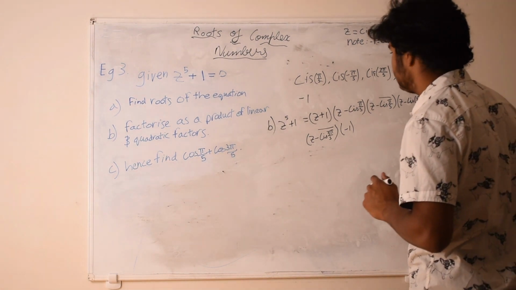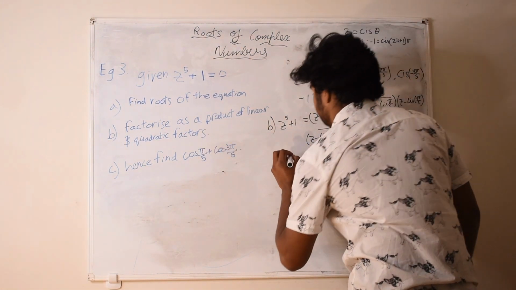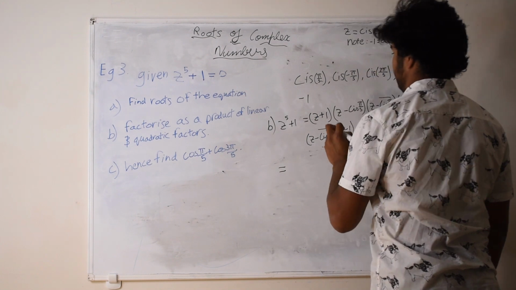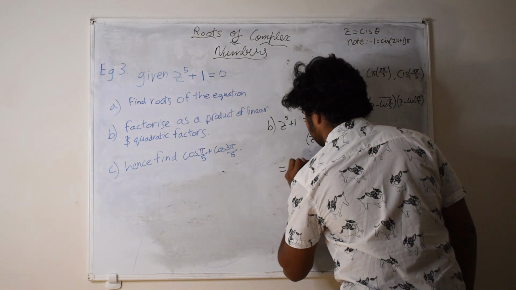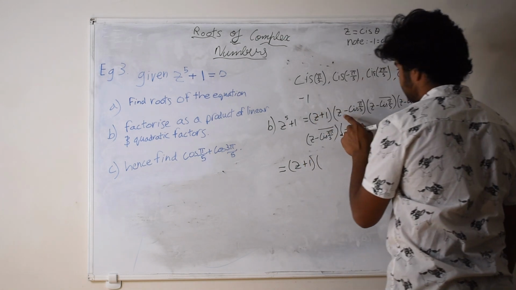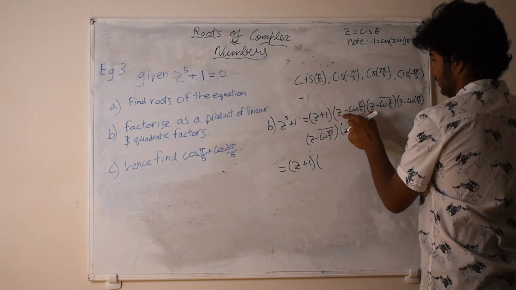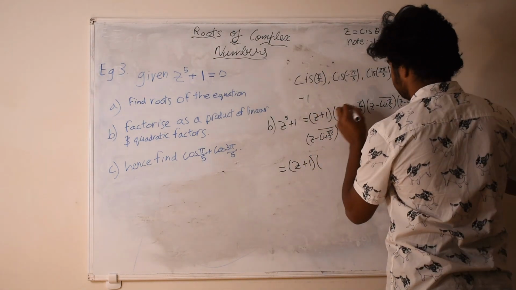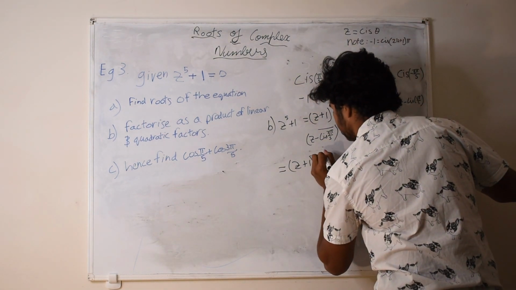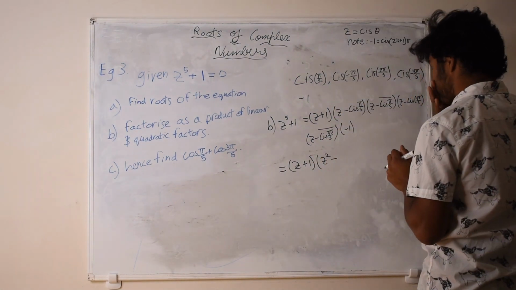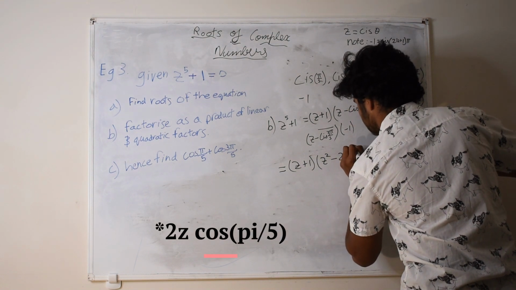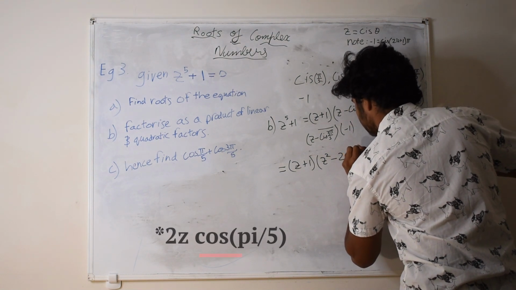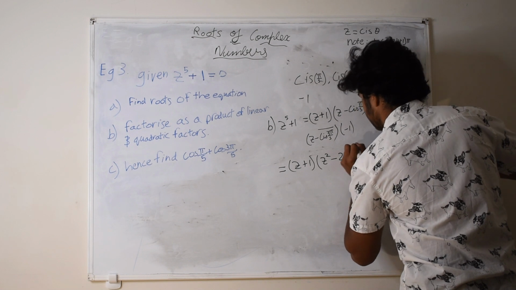Now for the quadratic factors, we'll go at the bottom. We go z plus 1, obviously, it's always there. Now we just expand these brackets. So z squared minus, we get 2 cos pi on 5, correct?